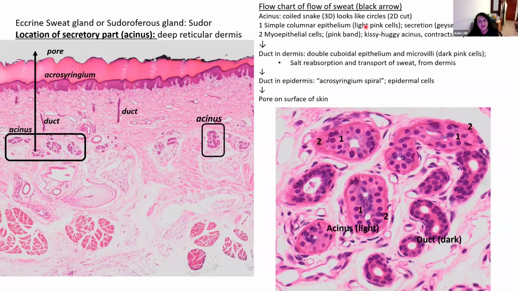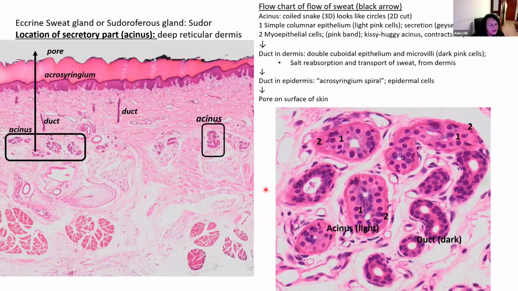Okay, everything I just said is written here. Simple columnar or simple cuboid epithelium, myoepithelial cells, the duct in the dermis here, a little bit here, then traveling through the entire dermis, through the epidermis, the acrosyringeal pore. So everything is written here.